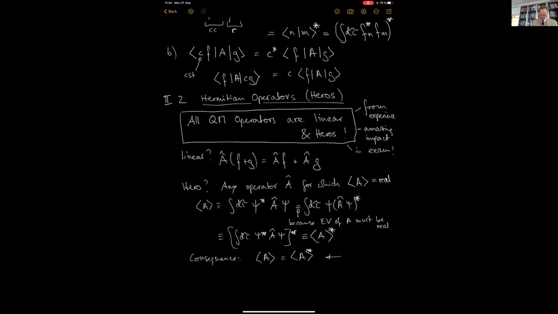Now there's another consequence, right? So this you could call the first consequence. Let's look at another consequence, right? And this is a part of being impactful, right? It's quite abstract, but because it's so abstract, it has so many consequences.